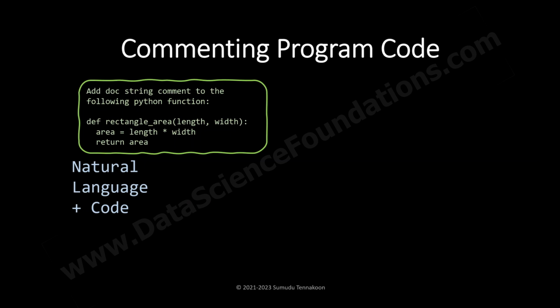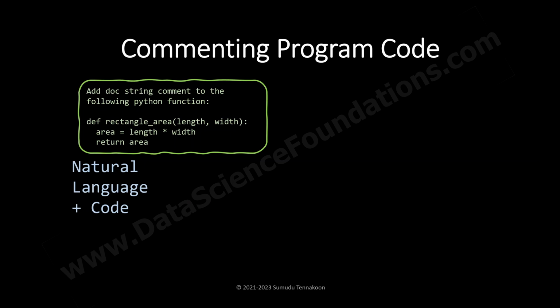You are sending the Python code in text form, but you are going to give some instruction describing what you need to achieve. What you need is: add docstring comments to the following Python function.